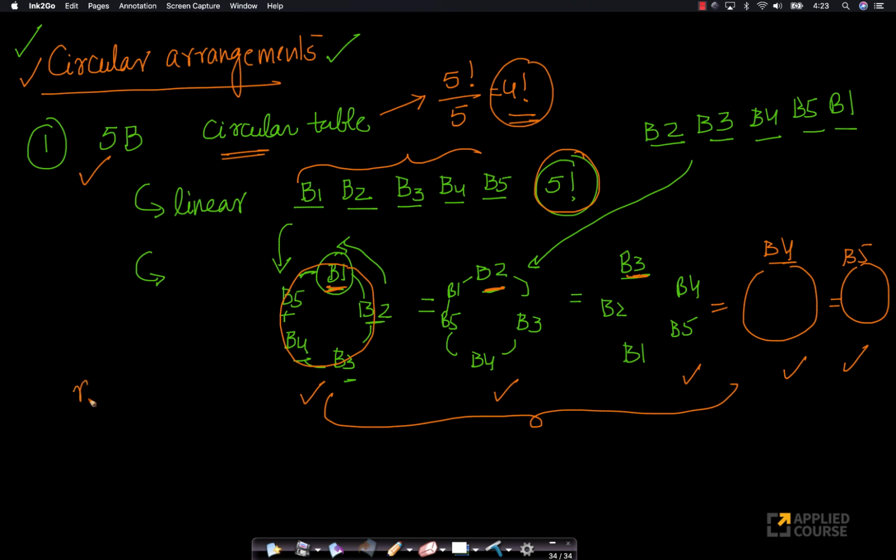If you have n items, and you arrange them at a circular table, the number of ways you can do it is n minus 1 factorial. But it is important to understand how we arrived at that formula, because you may forget formulae today, but if you know how it's arrived at, this skill will help you derive the formula whenever you want.